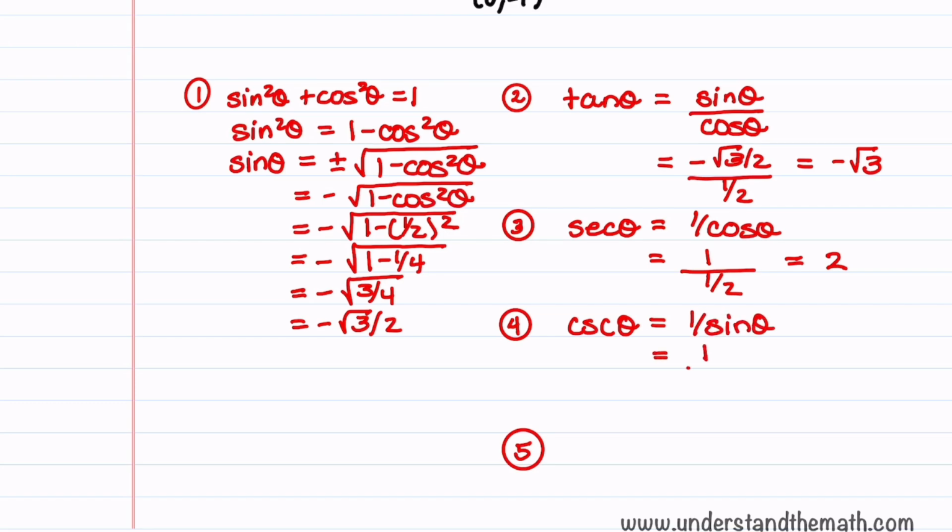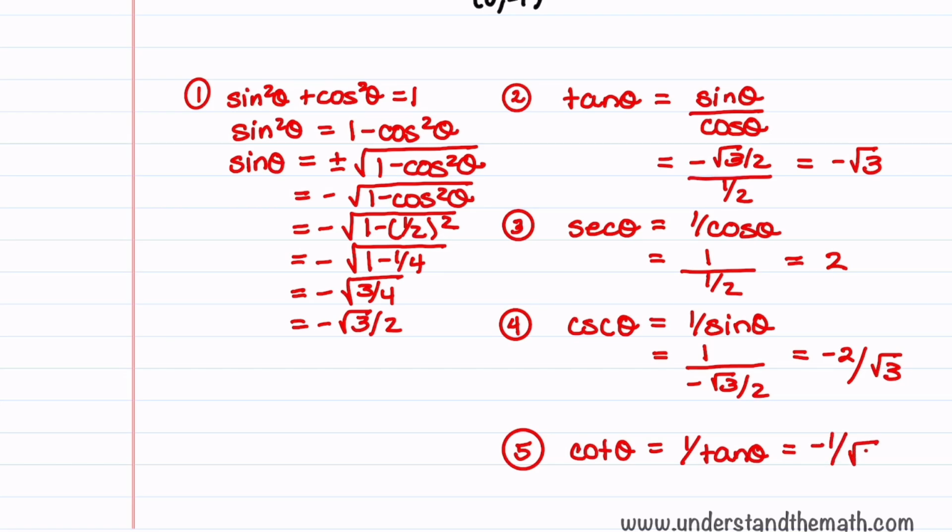This is equal to 1 divided by minus root 3 divided by 2, which gives us a value of minus 2 divided by root 3. Lastly, cotangent theta is 1 divided by tangent theta, and that's equal to minus 1 divided by root 3.